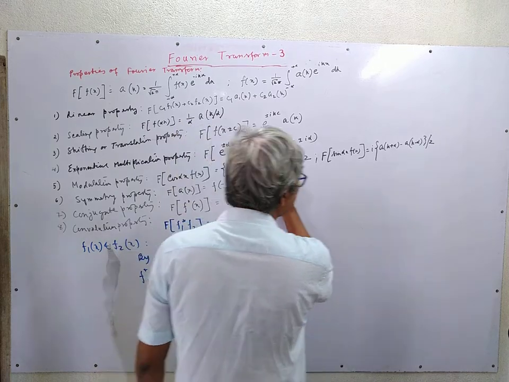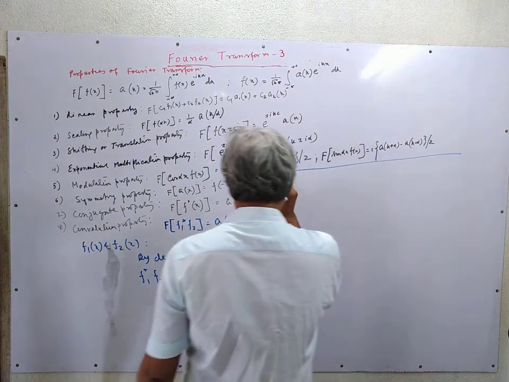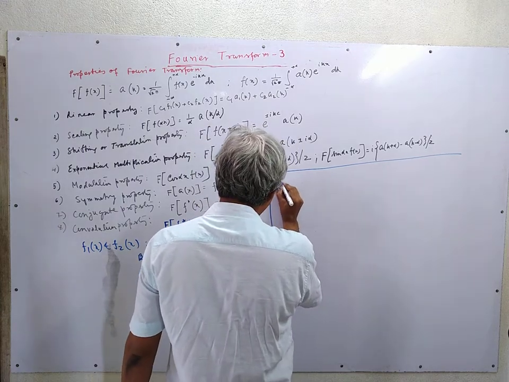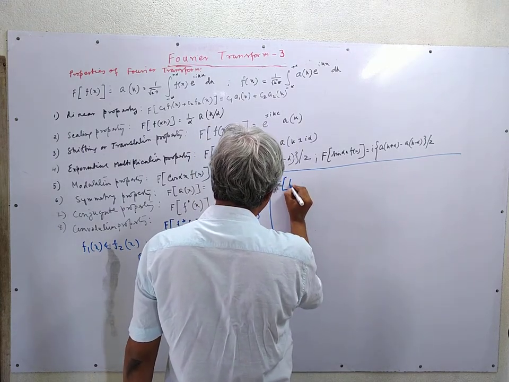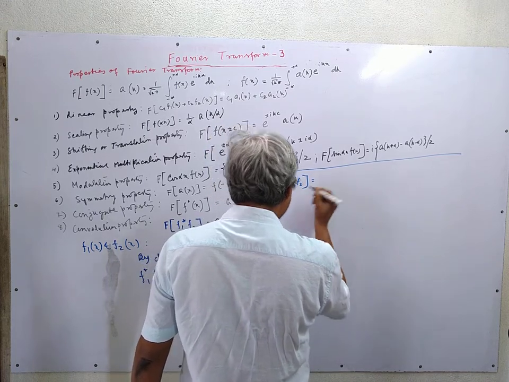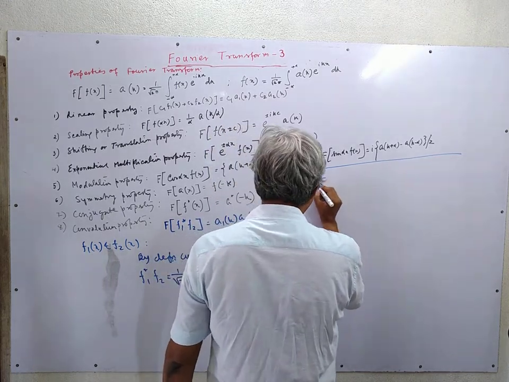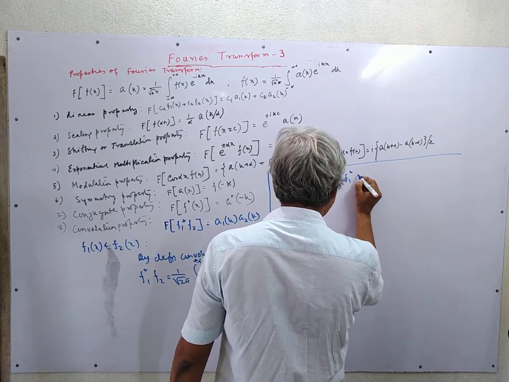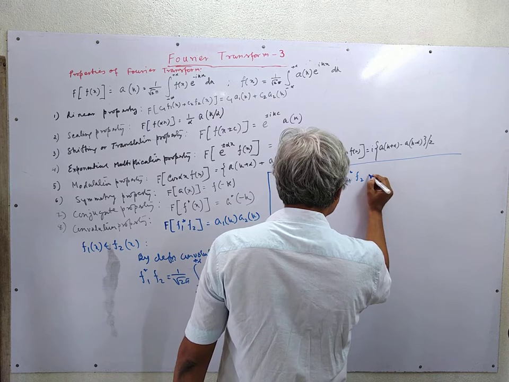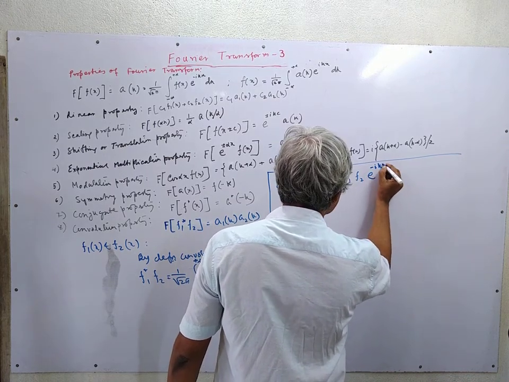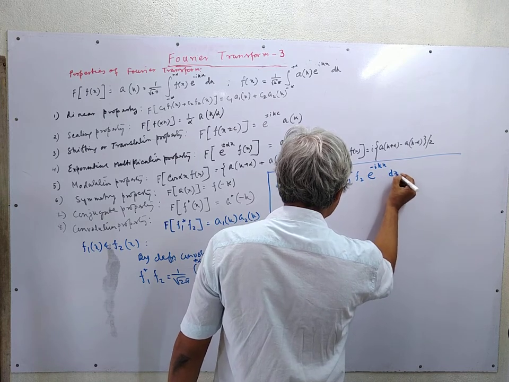Now, as far as the proof is concerned, here I am trying to prove the theorem first. The Fourier transform of the convolution of f1 and f2 is equal to 1 upon root 2 pi, integration of the convolution times e to the power minus I k x dx.